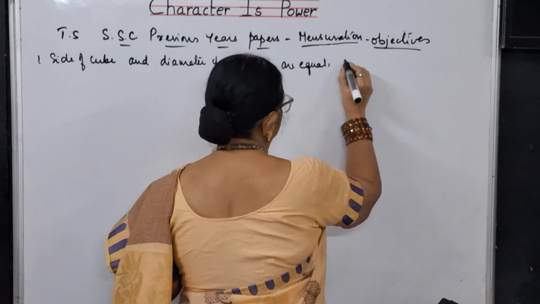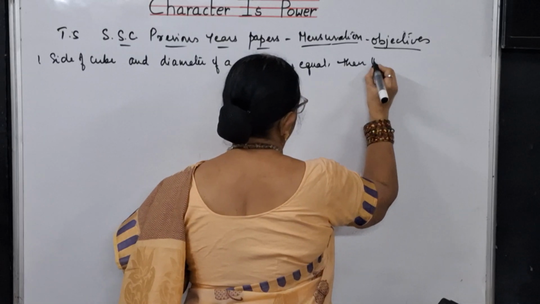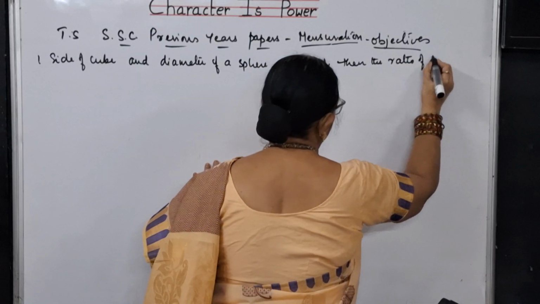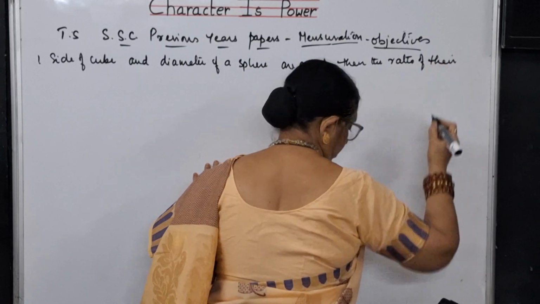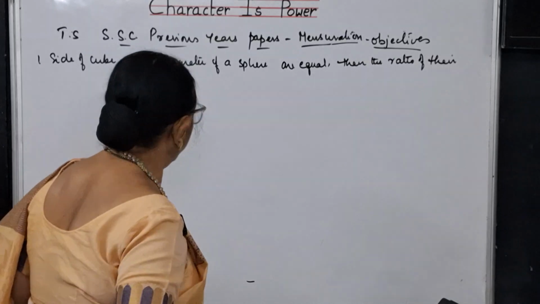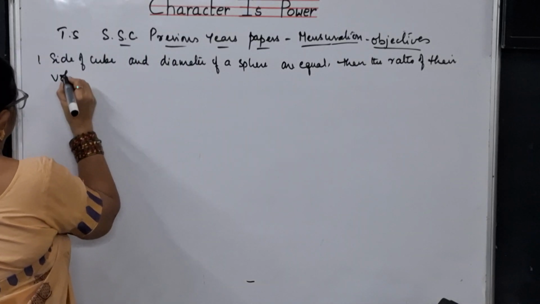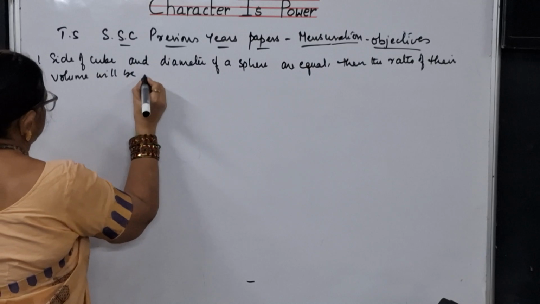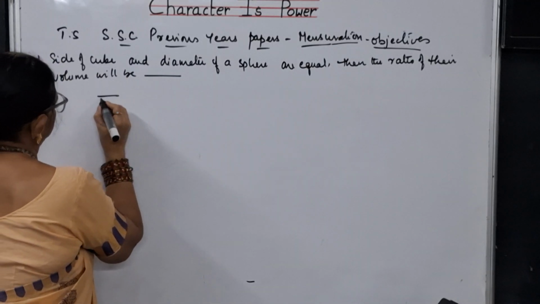Then the ratio of their volume will be dash.